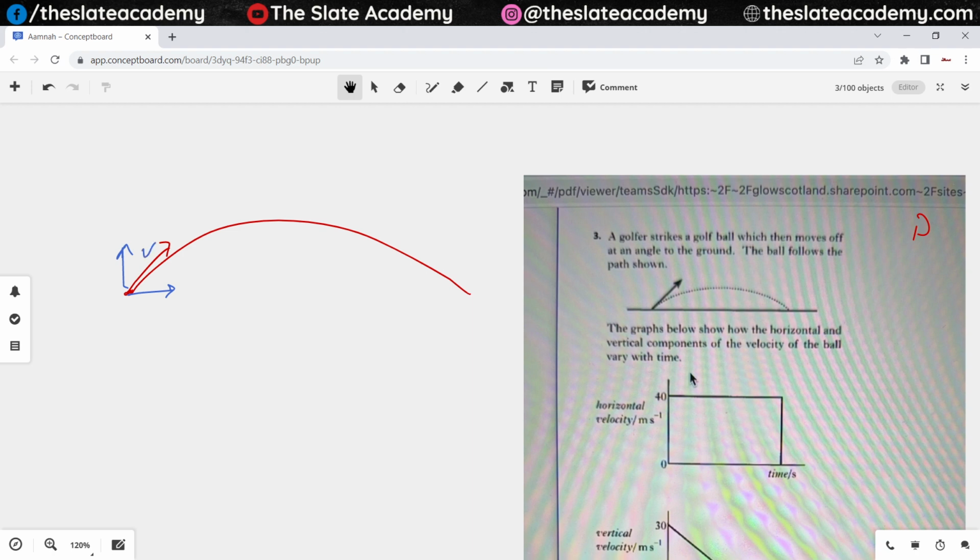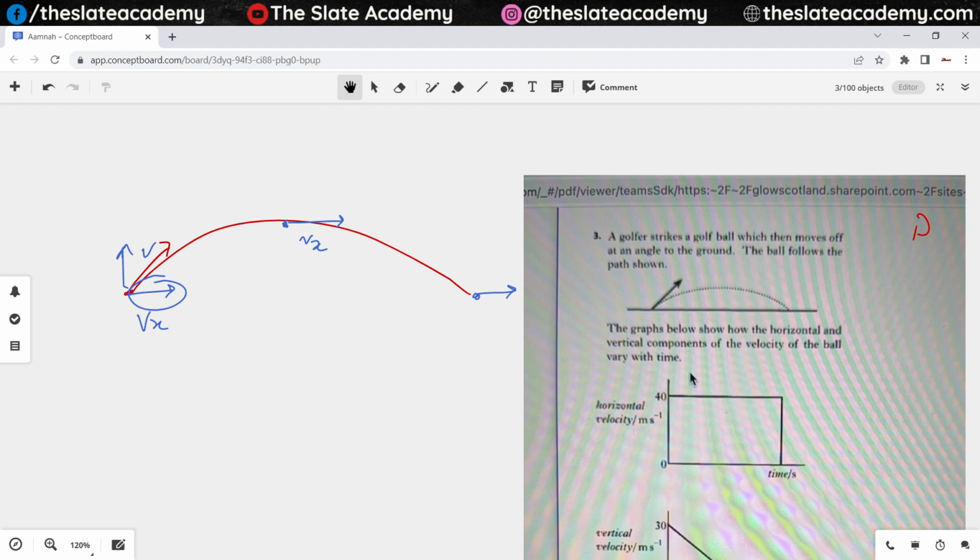Since we usually ignore the air resistance, there is no force opposing the motion along the x-axis. So throughout the motion, the horizontal component stays intact.